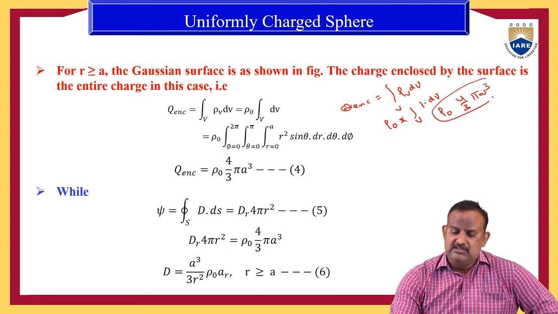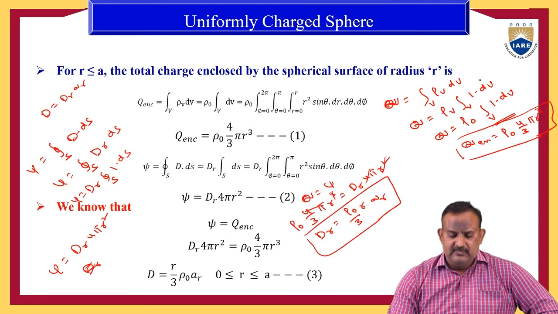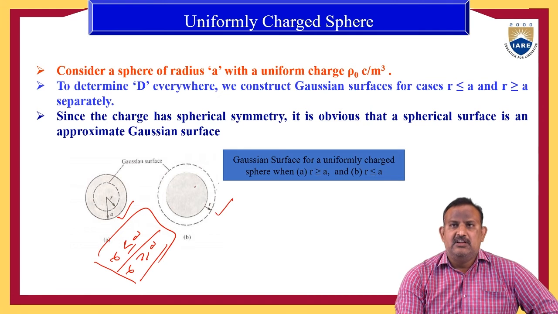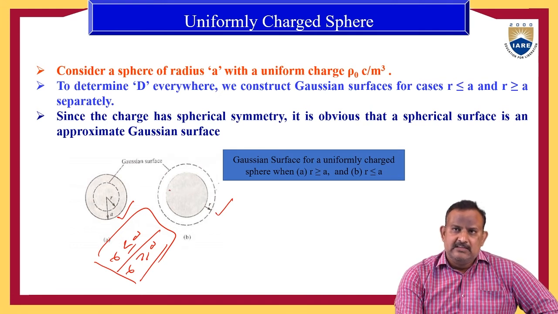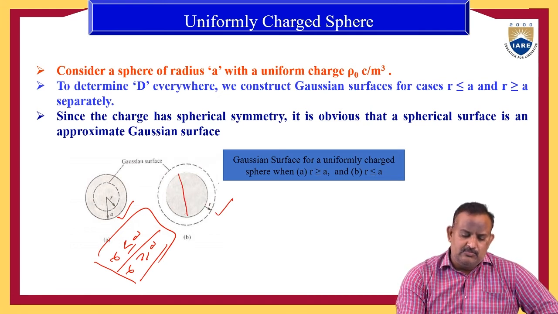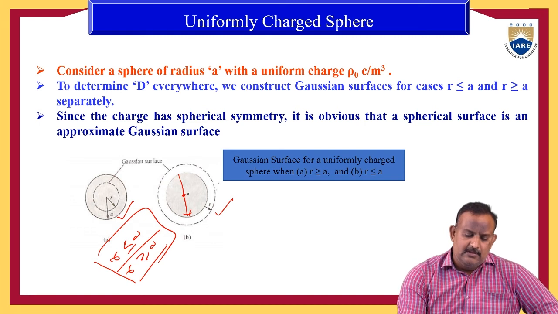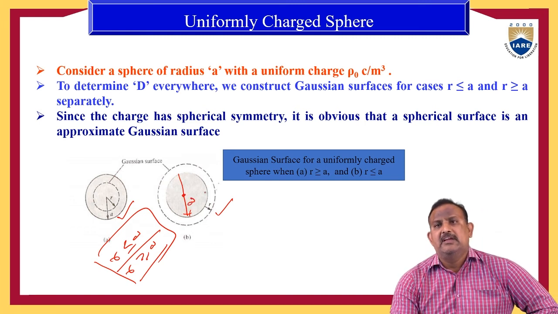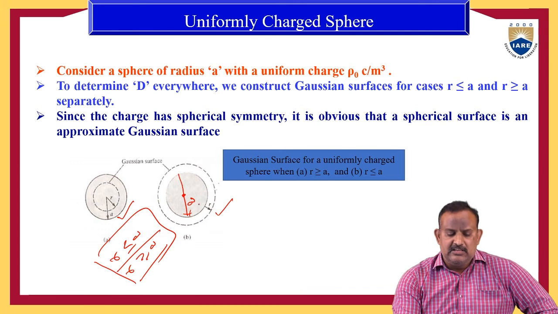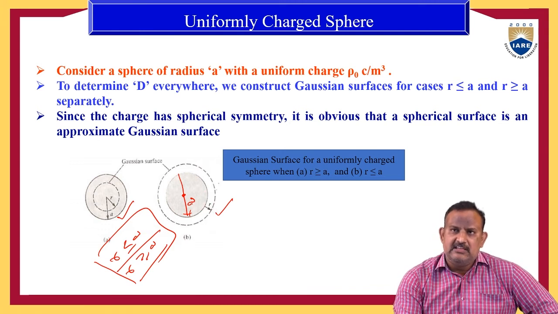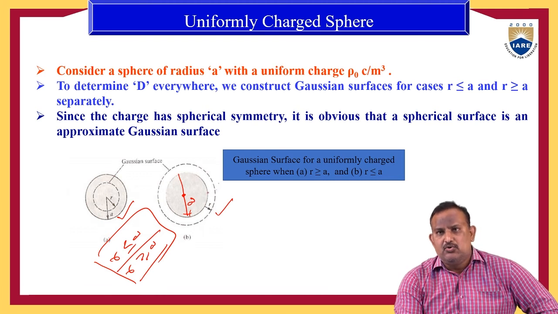Why is it a? If you observe the second diagram, a is the radius of the actual sphere and r is the radius of the Gaussian sphere. Here the radius of the Gaussian sphere is greater than the radius of the actual sphere, and it is outside the sphere.